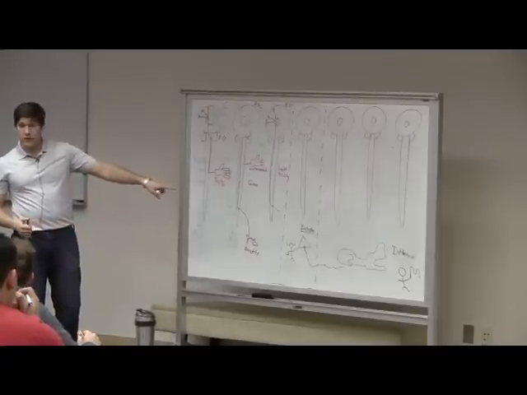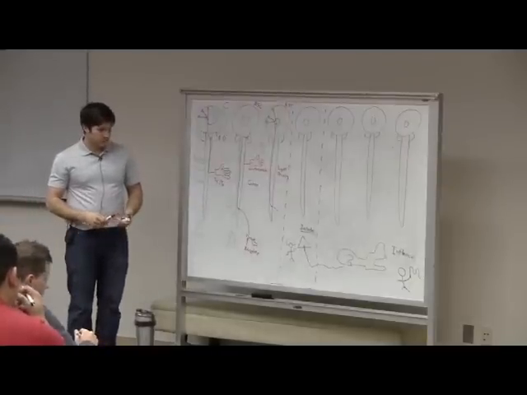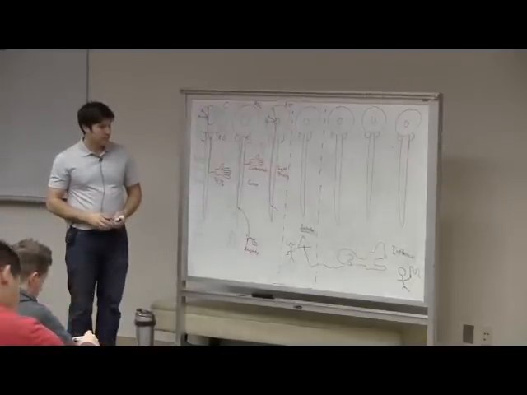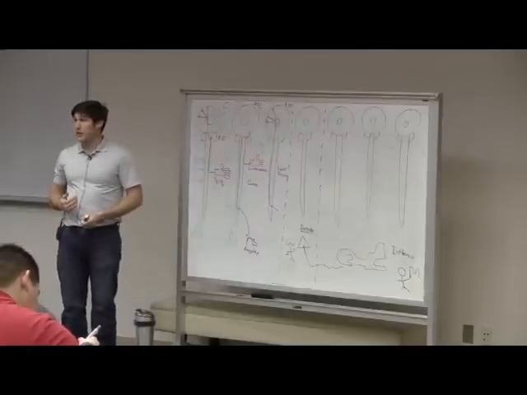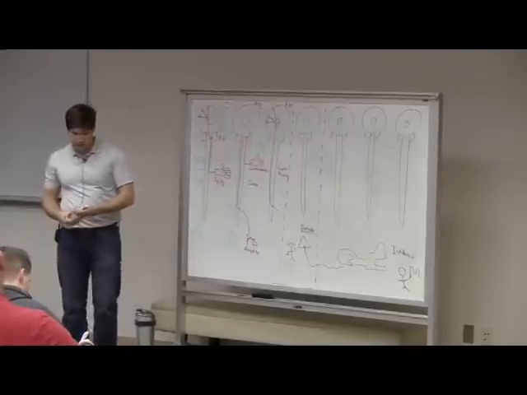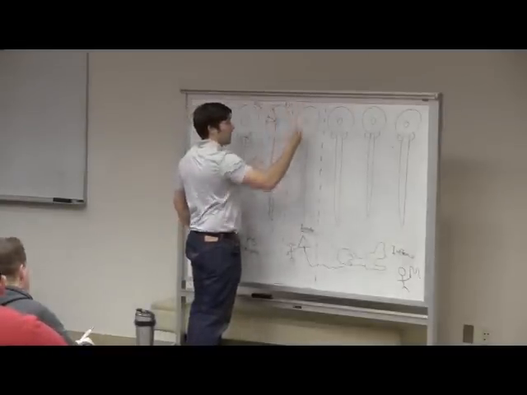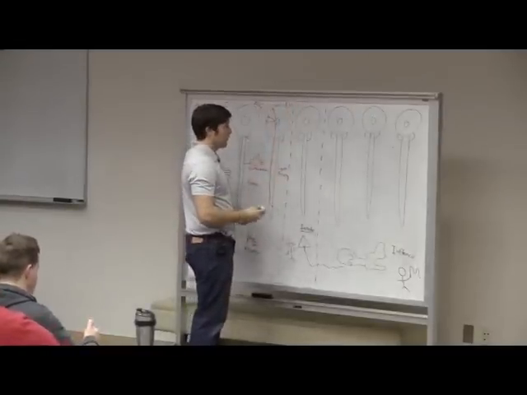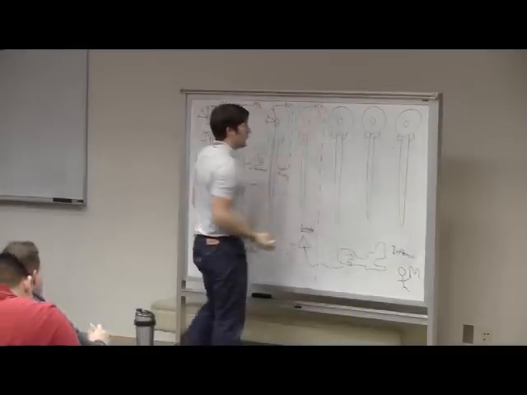So initiating voluntary skilled movement and then influencing it. So our pyramidal tract fibers, that's going to be your anterior and your lateral corticospinal tracts. Anterior corticospinal and lateral corticospinal.